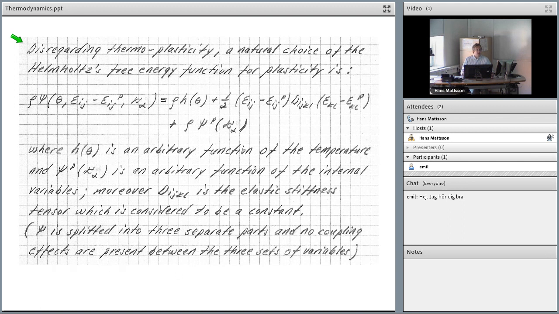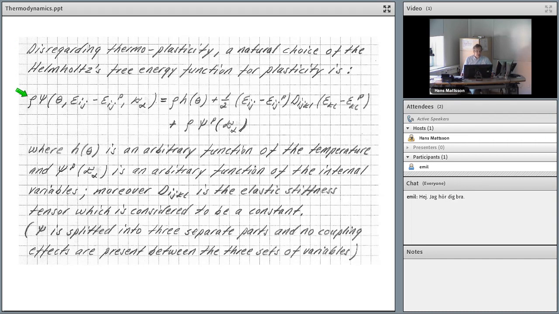And if we are disregarding thermoplasticity, that is thermostrains, strains that come from the temperature, a natural choice of the Helmholtz free energy function for plasticity is this one. We just multiply the Helmholtz free energy function with the mass density here.